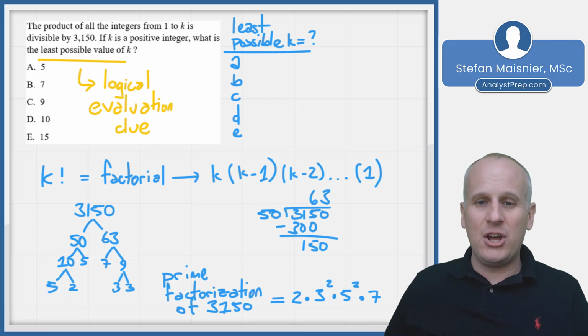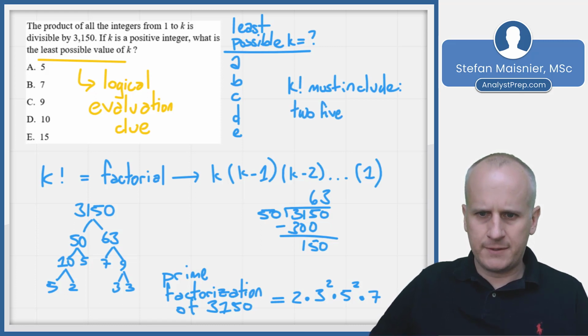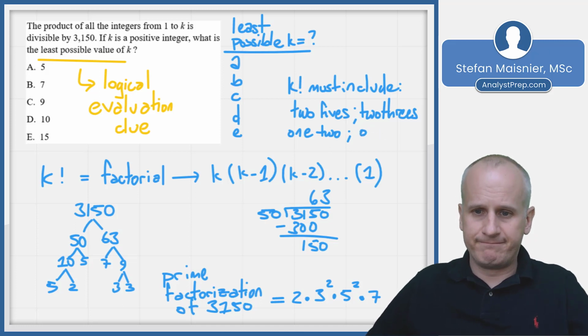So I know that k factorial must include 2 5s, 2 3s, 1 2, and 1 7.